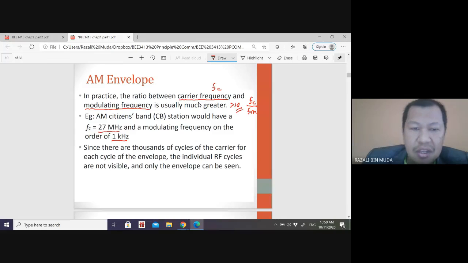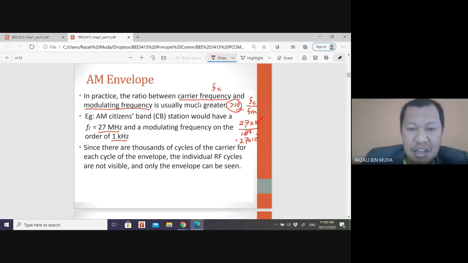In this case, what is the ratio? 27 to the power of 6, mega, over 1 to the power of 3. So 27 to the power of 3, a 27,000 ratio. Not even close. The earlier example was 10, this is 27,000.